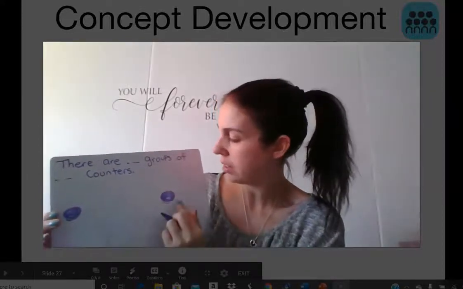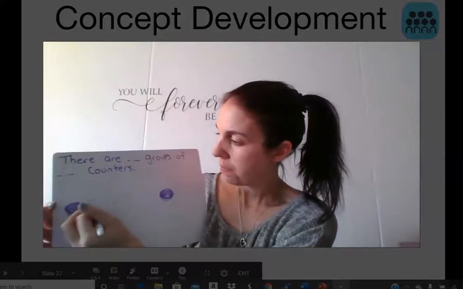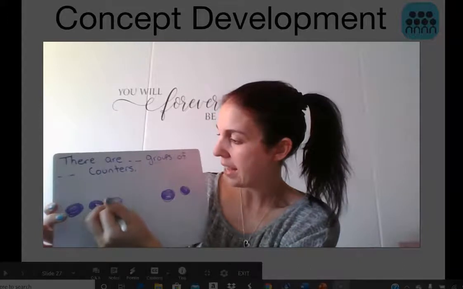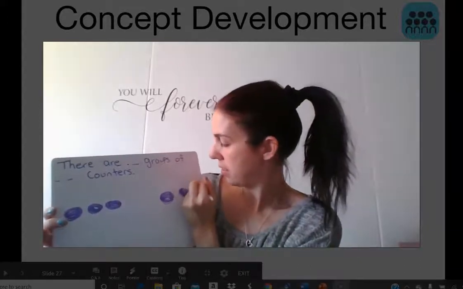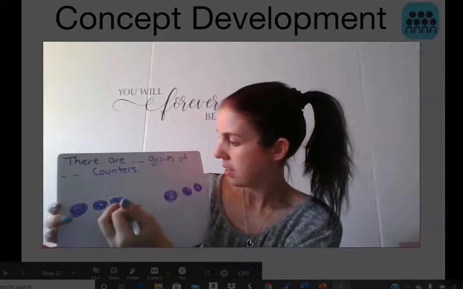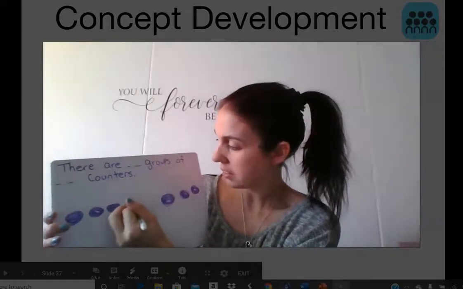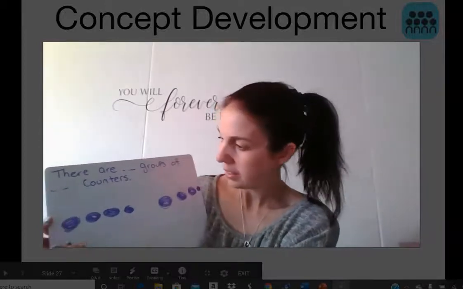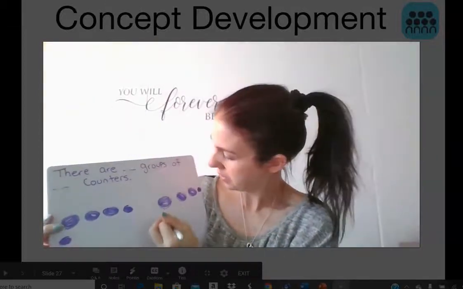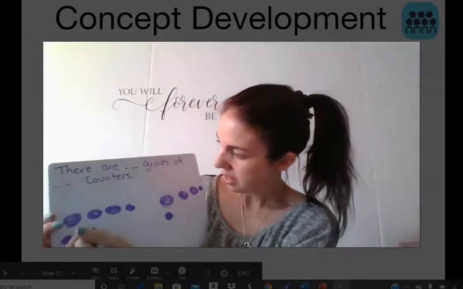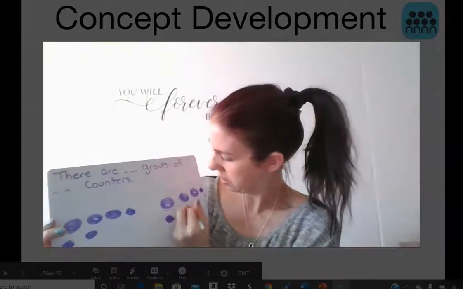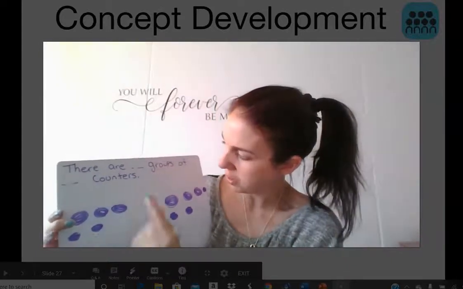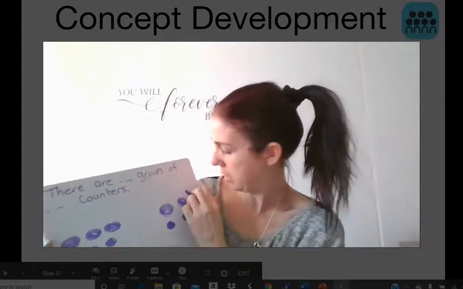And now I'm just gonna count 1, 2, 3, 4, 5, 6, 7, 8, 9, 10, 11, 12. There's my 12 counters. I could have put this one here to make it nice and neat, 3 and 3.